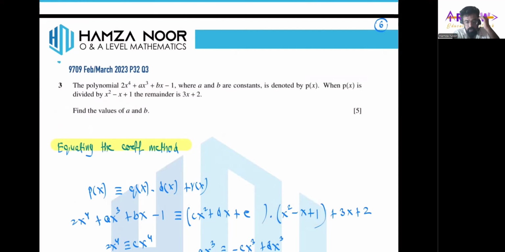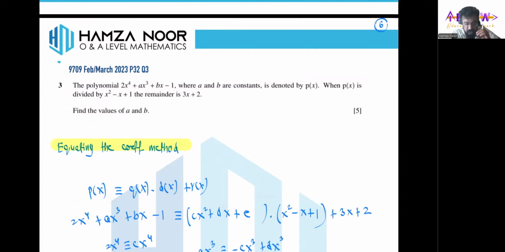So obviously you need to use your basic sense that when a quadratic expression is multiplied by a quadratic expression, the highest power of x will be 4. So this will be a quartic polynomial where the highest power of the variable is 4. So basically, x square minus x plus 1 is multiplied by cx square plus dx plus e.